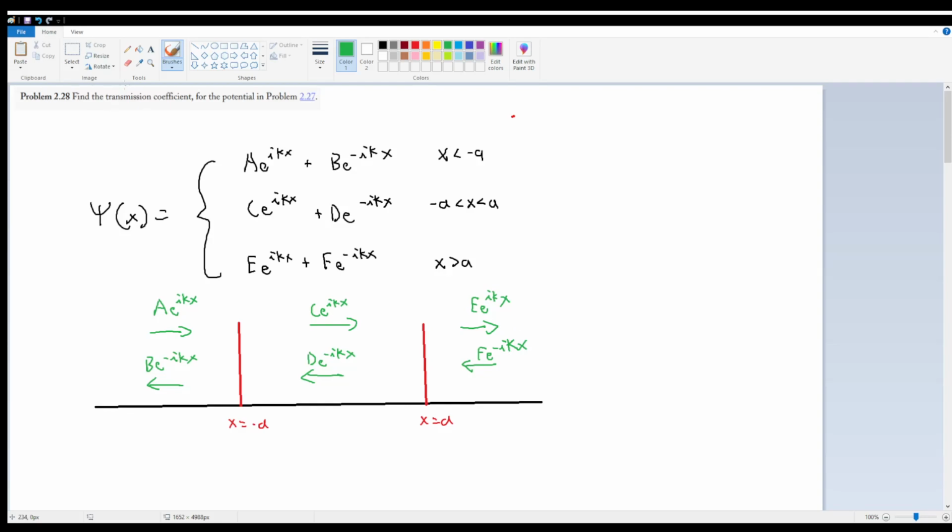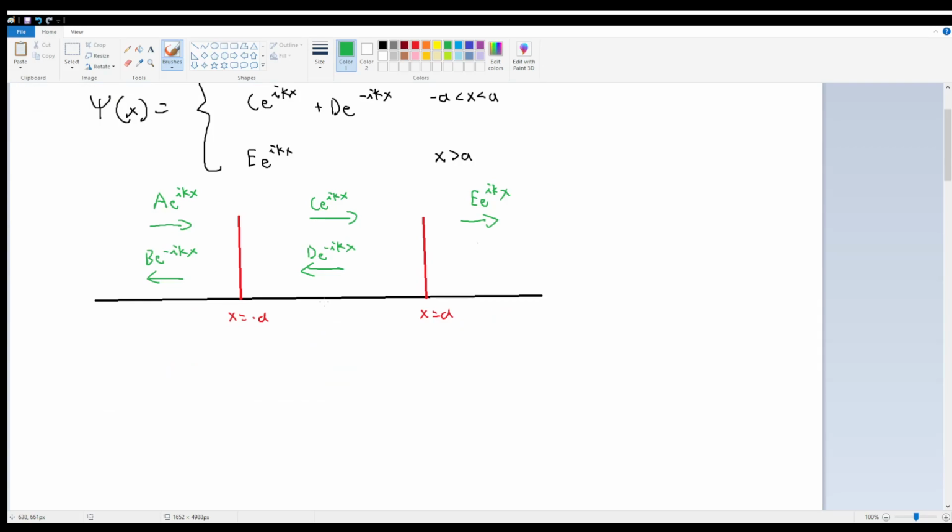So first things first, we're going to assume that our particle is incident from the left, as we've done earlier when deriving the delta well. If we do that, then F e to the negative ikx is impossible, so we get rid of this term. We enforce that F is effectively 0, making our system just a little bit simpler. And from this point, if we want the transmission coefficient, we once again look towards relative probability.